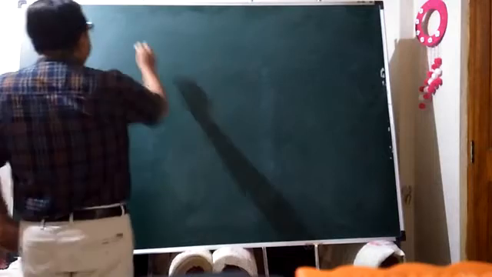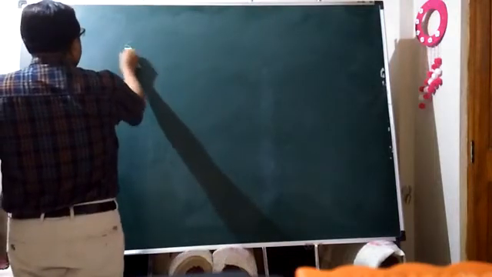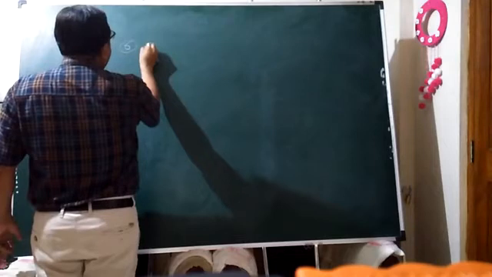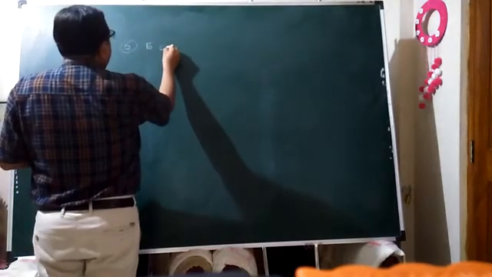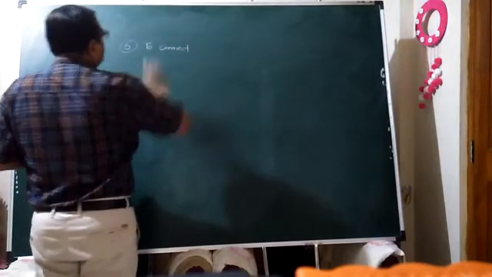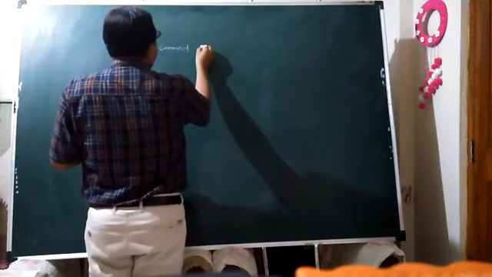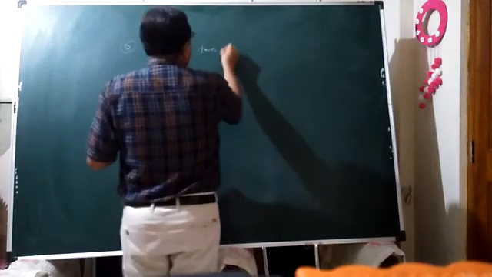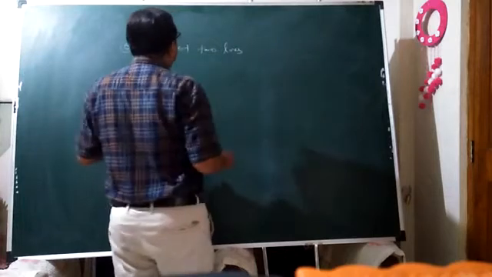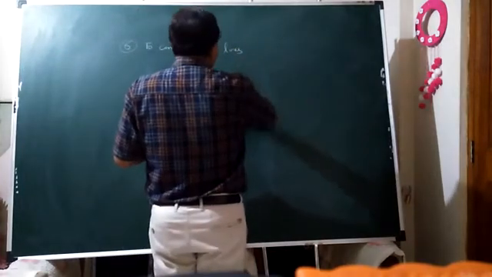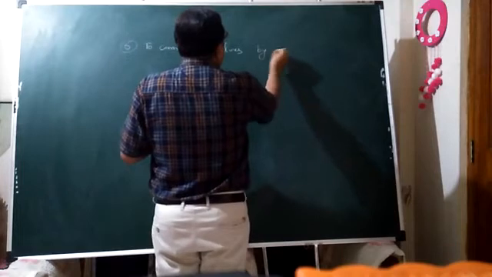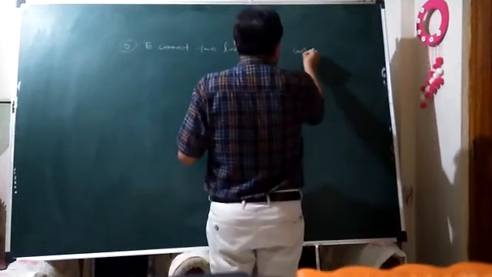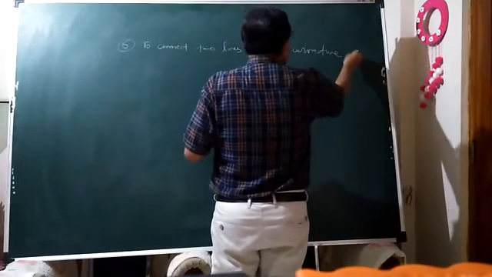Next geometrical construction is the sixth one: to connect two lines by a curvature of given radius.